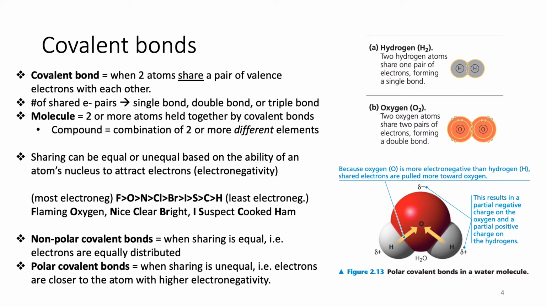It reads, flaming oxygen, nice clear bright, I suspect cooked ham. In this mnemonic, you see that fluorine is the most electronegative element, and hydrogen is the least electronegative element.